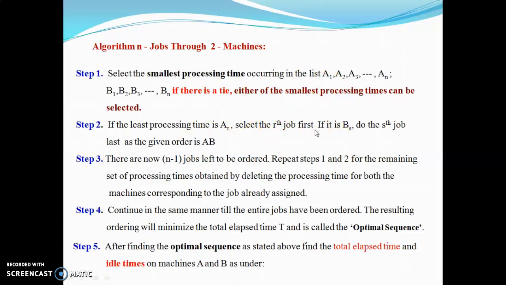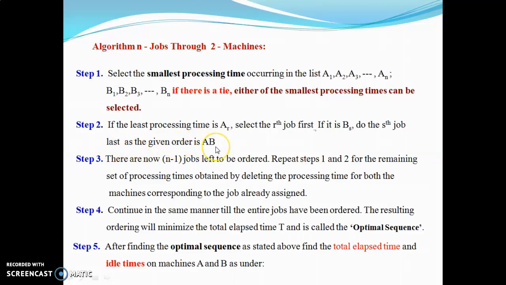It means that if AR, that is, the processing time of the rth job on machine A, is the smallest, then do the rth job first in the available sequence. If it is BS, do the sth job last, as the given order is AB.